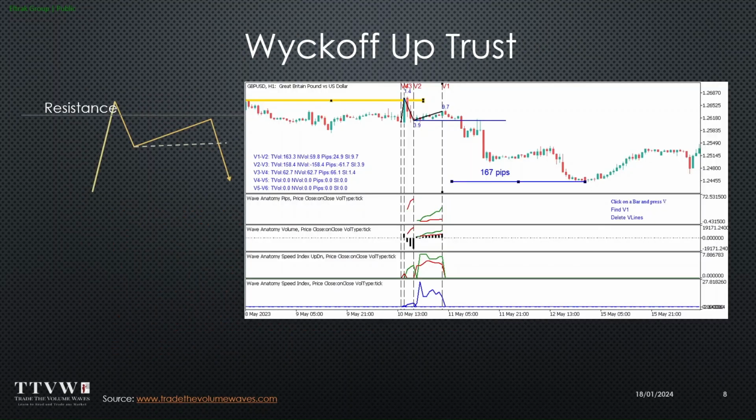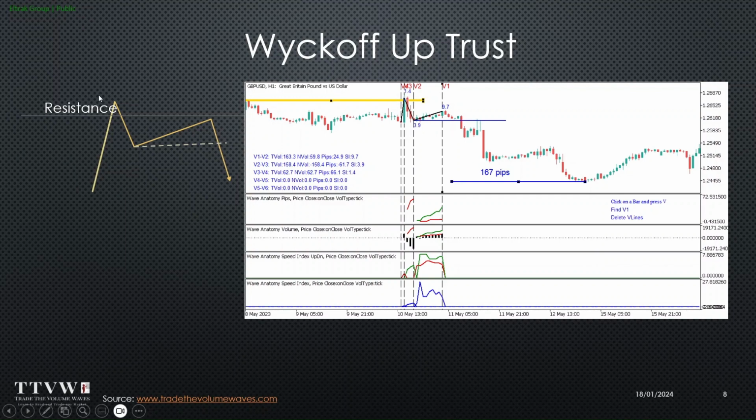Now let's look at an example of a Wyckoff upthrust. That's one of the ways that Wyckoff upthrust looks like. So basically, what does a Wyckoff upthrust do? It tries to break a resistance level with a fake move, okay? And then the price reverses and starts coming down.